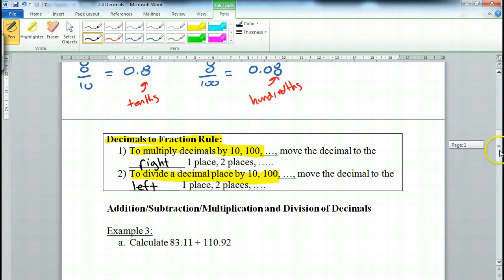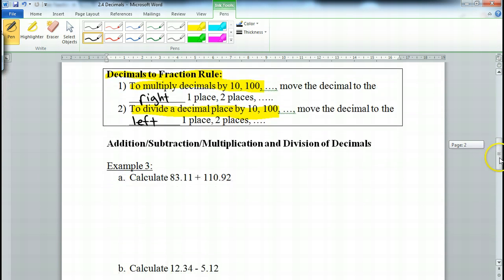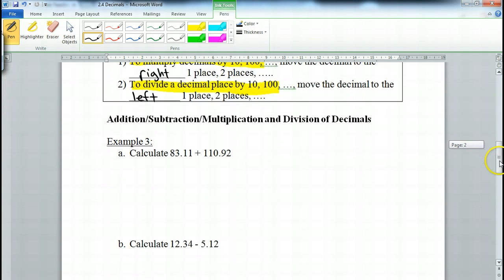Okay, let's move on to adding, subtracting, multiplication, and division of decimals. Let's start off with some adding here. It's really important to line up your numbers so that the decimals line up vertically.